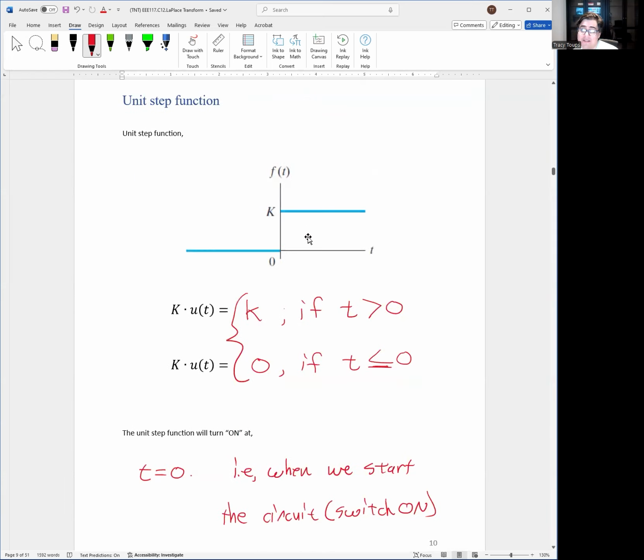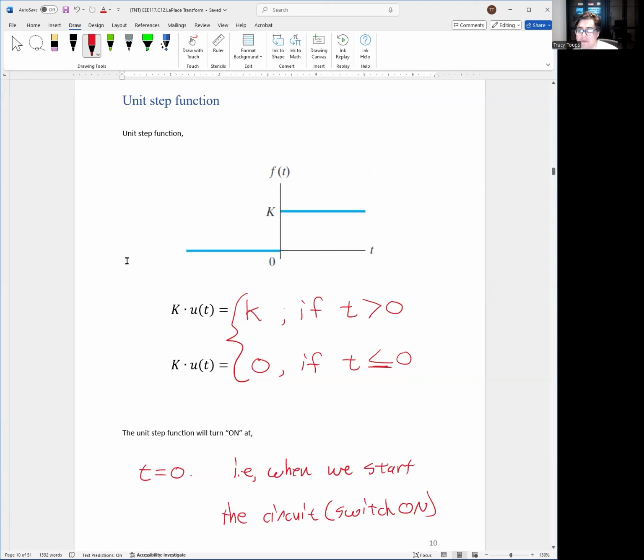Now we could formalize this as the step function u of t, where it could be 1 or it could be a k value. This is your voltage. It could be anything. It could be 50 volts, 100 volts. It could be sine of 37 volts if you really wanted to. So it could be any constant here.